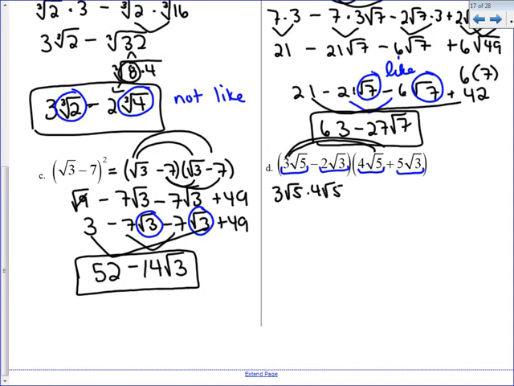Then our outer, positive and positive, is going to be positive 3 square root of 5 times 5 square root of 3. Our inner, negative times a positive, is negative 2 square root of 3 times 4 square root of 5. And our last, again, is negative times positive, negative 2 square root of 3 times 5 square root of 3.